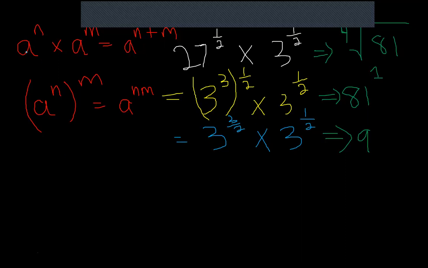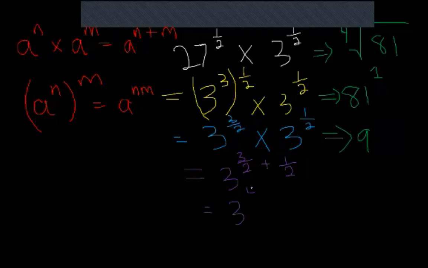Okay, but I know I'm not done yet because I could apply this rule as well. So let me use purple. According to this rule, I have the same bases, so I have to add the powers when multiplying them. So this would be 3 to the power of 3 on 2 plus a half, which is equal to 3 to the power of 4 on 2, because 3 on 2 plus a half is 4 on 2.